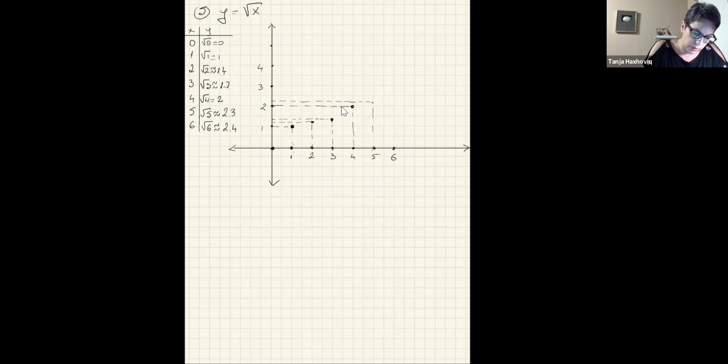Let's say 2.3 is somewhere here. And 6, let's say, is 2.4.